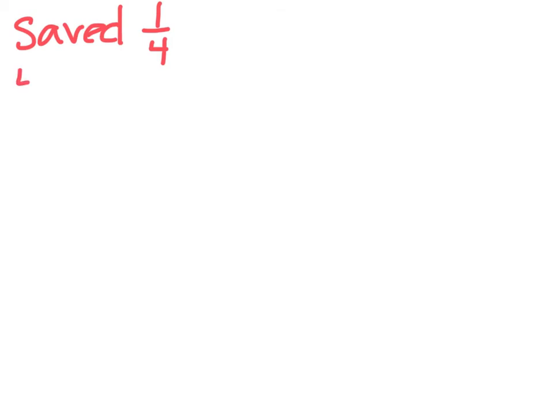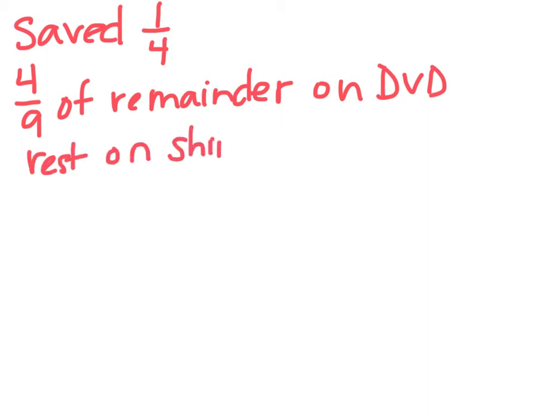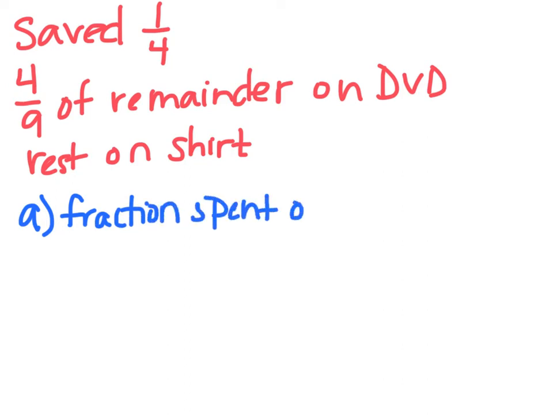He spent 4/9 of the remainder on a DVD, and the rest on a t-shirt. Part A asks what fraction was spent on the DVD. And part B asks what fraction was spent on the shirt.